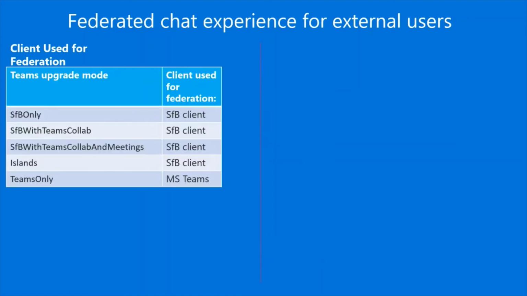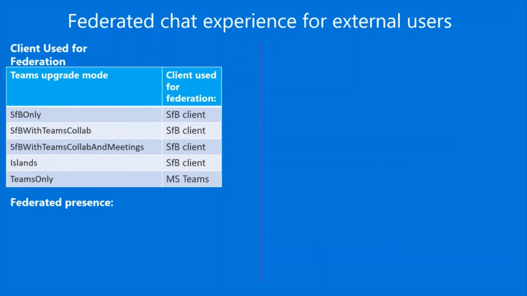Here is a table which shows the chat experience for external users. For example, if your Teams upgrade mode is Skype for Business with Teams Collab, you need to use the Skype for Business client to chat, or if you are on Teams only, you need to use the Teams client.